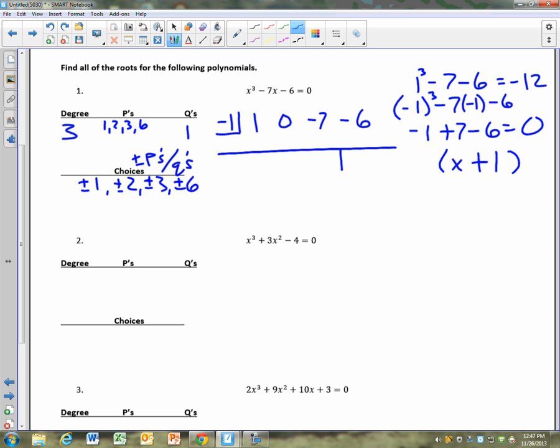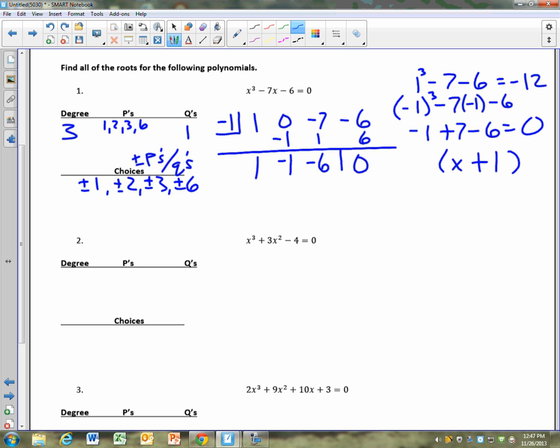I go through my synthetic division process. I bring down the 1. -1 times 1 is -1, added to 0 is -1. -1 times -1 is 1. Adding to -7 gives -6. Times -1 is 6. Add, I get 0.